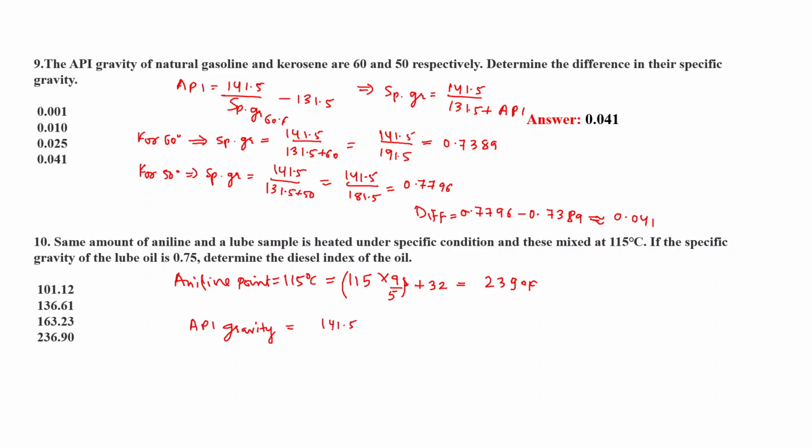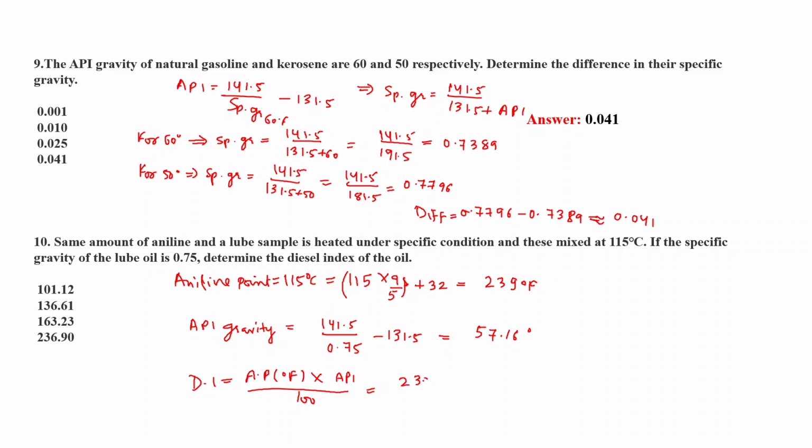So it is 141.5 upon specific gravity, that is 0.75, minus 131.5. So it is 57.16 degree API. The diesel index formula is aniline point in degrees Fahrenheit into API gravity upon 100.